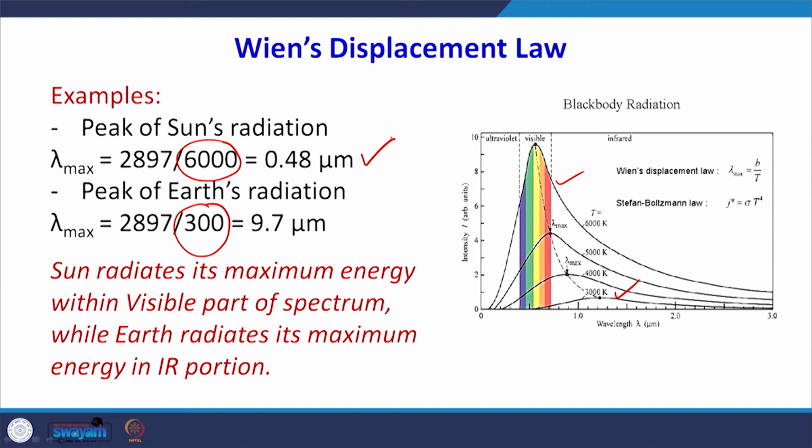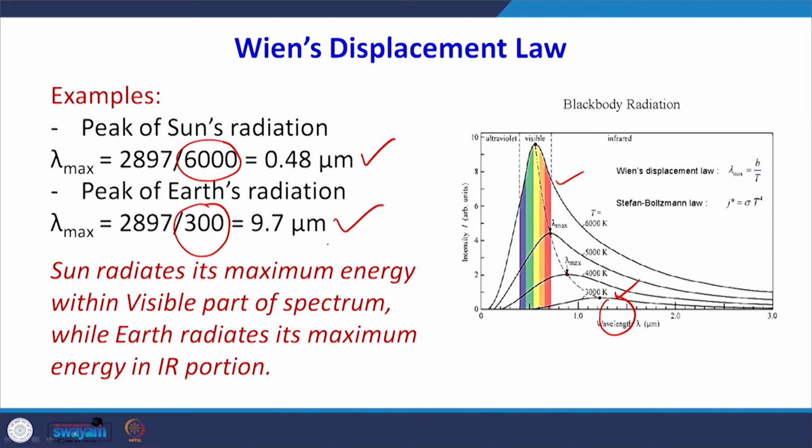And when we are talking of the earth temperature at 300 K, then the peak comes out to be at 9.7 micrometers.